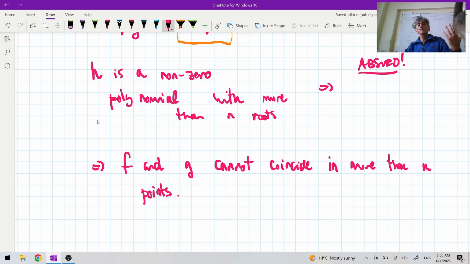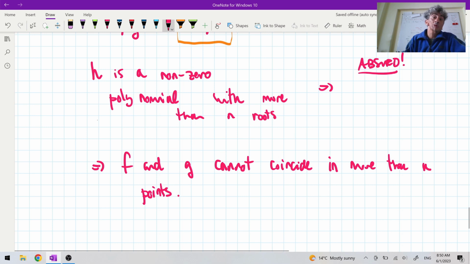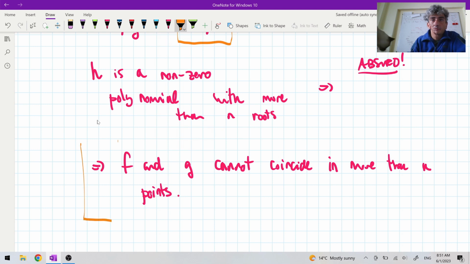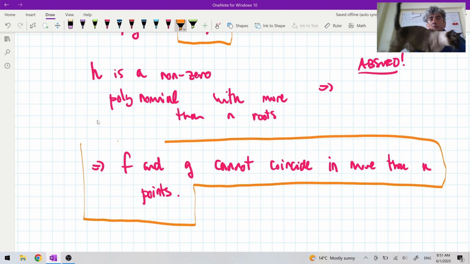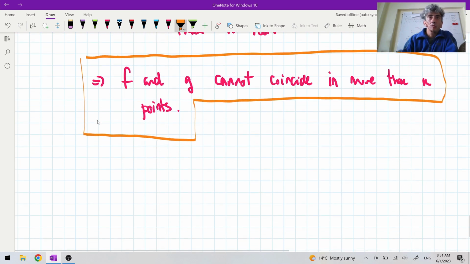Two different polynomials cannot coincide in more than n points. If they do, it's because they're the same polynomial. Okay, and this is very important for us.